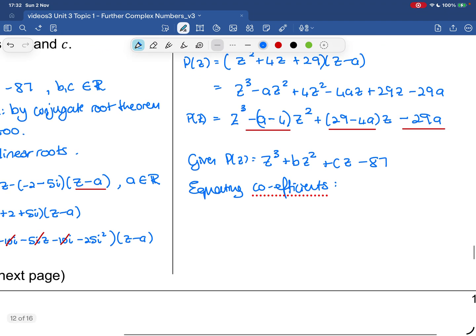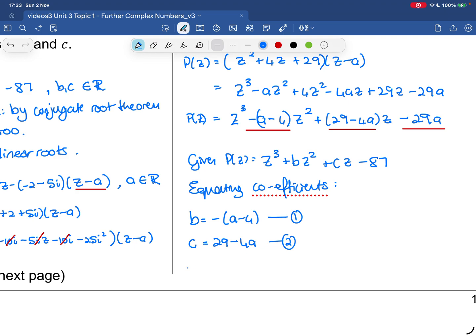Therefore I know that b is equal to negative a minus 4. I know that c is equal to 29 minus 4a. That's going to be equation 1, equation 2, and negative 29a is equal to negative 87 is equation 3.